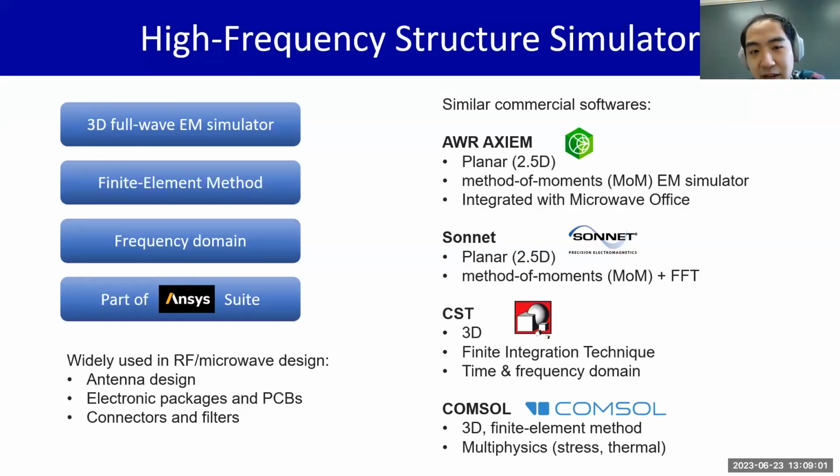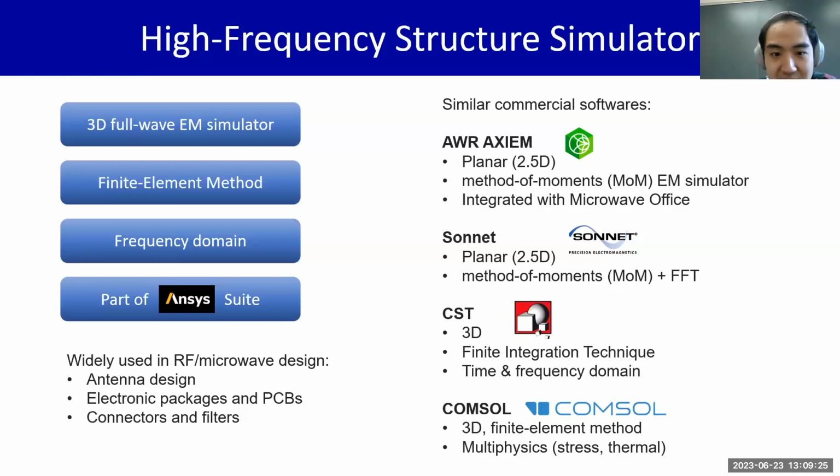Both Axiom and Sonnet are specialized to do 2D, or so-called 2.5D, structure simulation, where you can have multiple 2D structures. If you are dealing with that kind of system, sometimes it's more handy to use Axiom or Sonnet instead of HFSS. HFSS is just a more sophisticated and more complete tool.